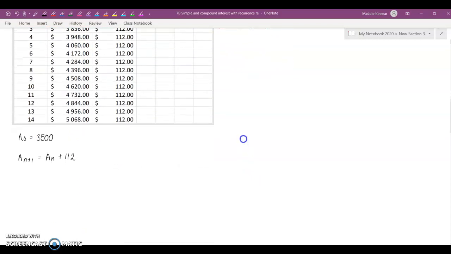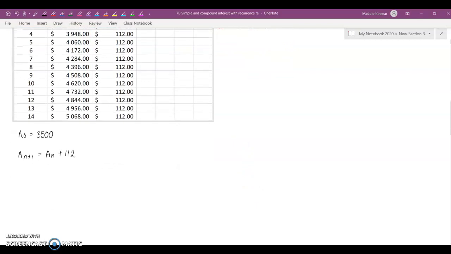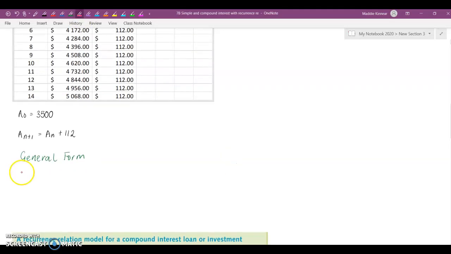But what would this actually look like if it was just any simple interest question? Well, what will always be the case, so we'll call this the general form. Our general form shows that if you have initial principal amount, that will always equal your A0.